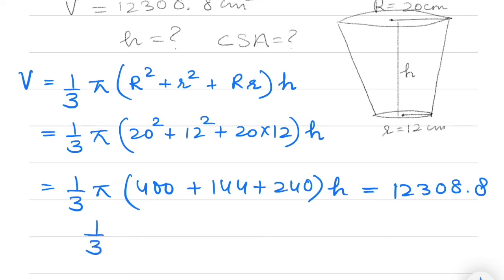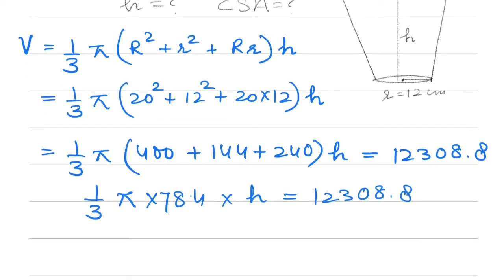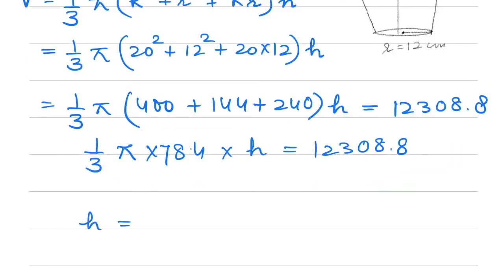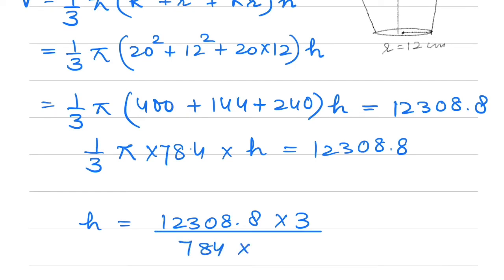This is 1 by 3 pi into 784 into height, equal to 12308.8. Height will be equal to 12308.8 multiplied by 3 and divided by 784 multiplied by pi, so 3.14.